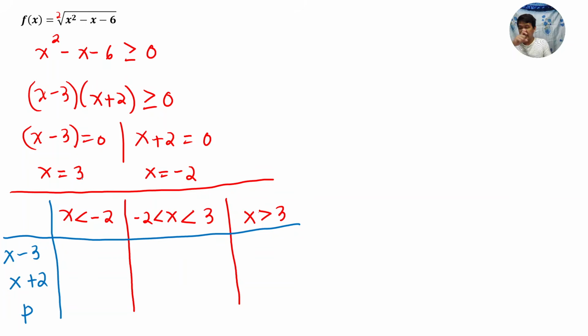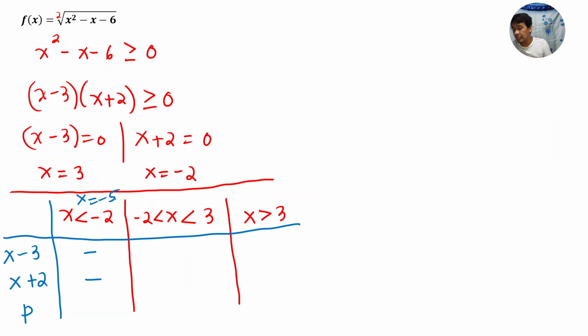Then get a value or any value that is less than negative 2. Let's say negative 5. Then substitute it here. Negative 5, if x is negative 5, which is less than negative 2, substitute lang natin, negative 5 minus 3 is negative. Negative 5 plus 2 is negative.